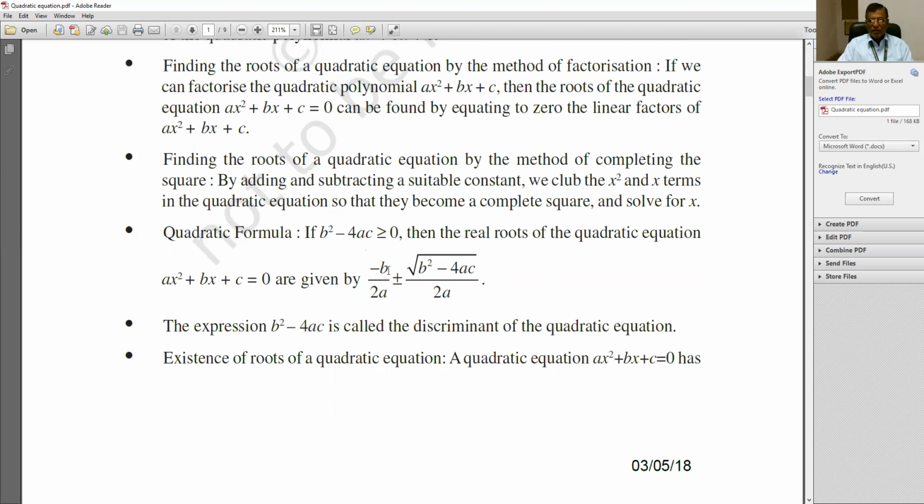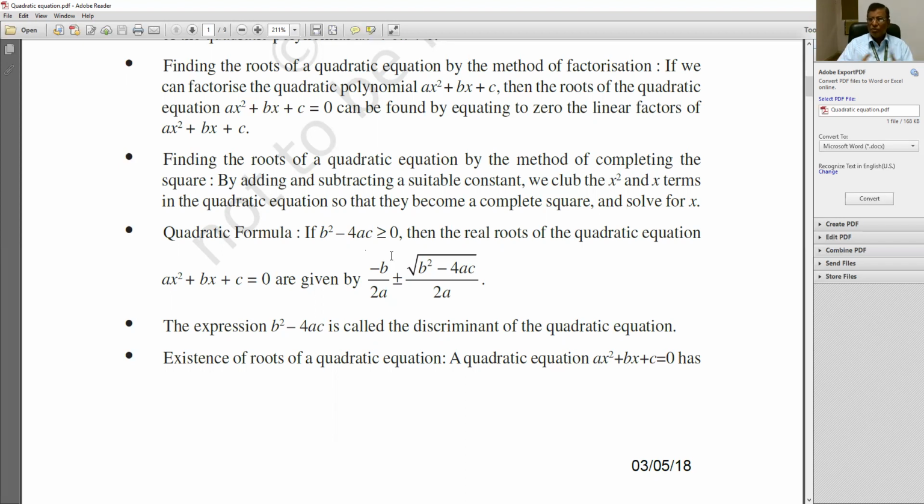The plus result in this composite result will be taken as alpha and the minus result as beta. Alpha is equal to −b/2a + √(b² − 4ac)/2a, and beta is −b/2a − √(b² − 4ac)/2a.